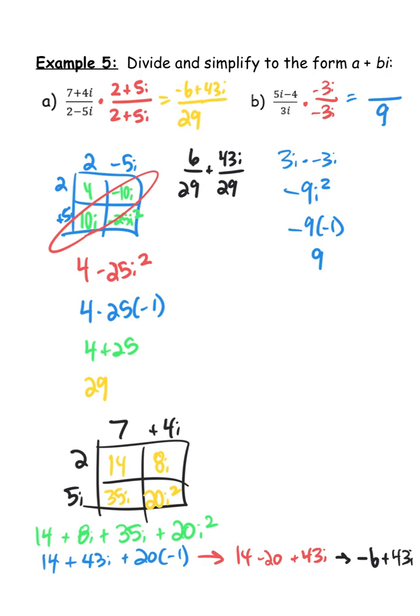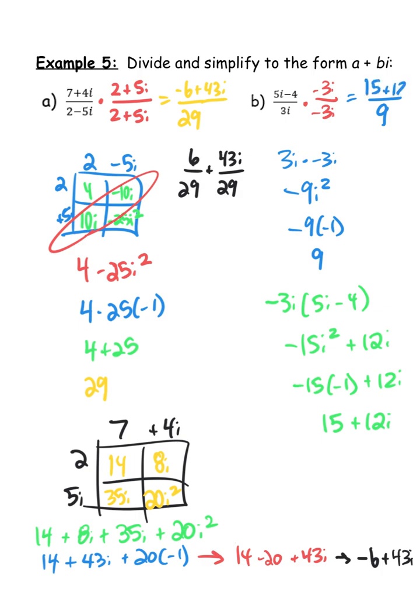On the top, we're going to distribute. And you have negative 3i times 5i minus 4. So this is negative 15i squared plus 12i. So this becomes negative 15 times negative 1 plus 12i. So 15 plus 12i. So I go back up here, and I get 15 plus 12i. Okay, I can already see in this problem we're going to do some simplifying.